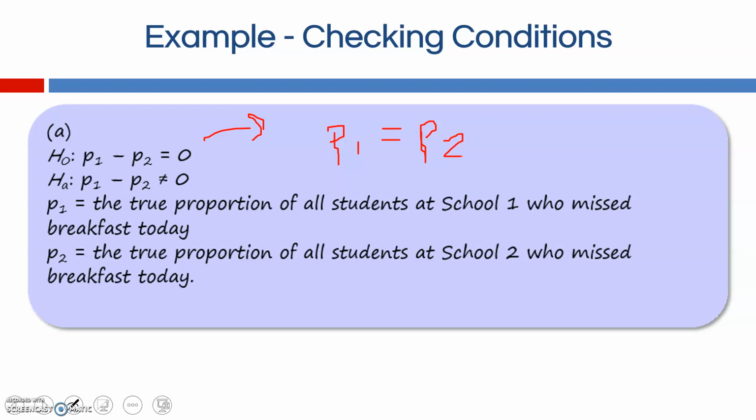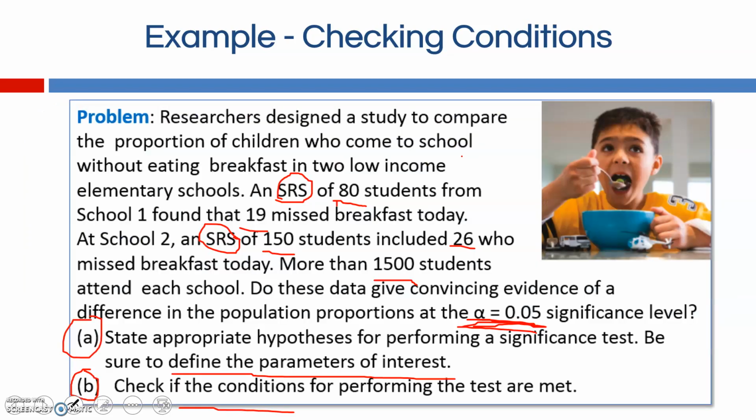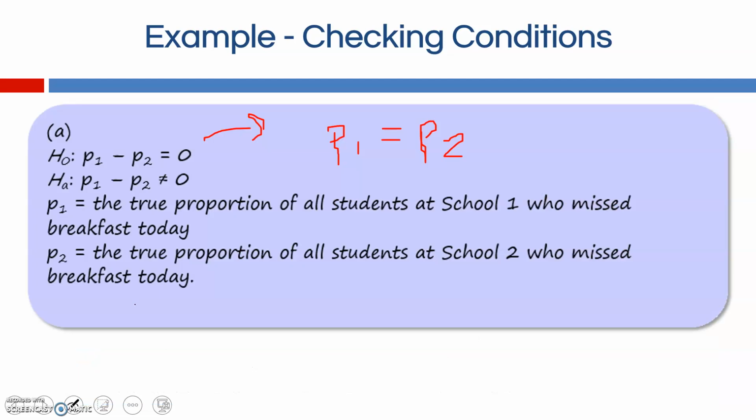Now, the reason why we have a not equal to, let me go back to this side here. Do these data give convincing evidence of a difference? They're not asking, is it higher in school 1 or is it higher in school 2? There's no indication of direction, and that's why we go not equal to.